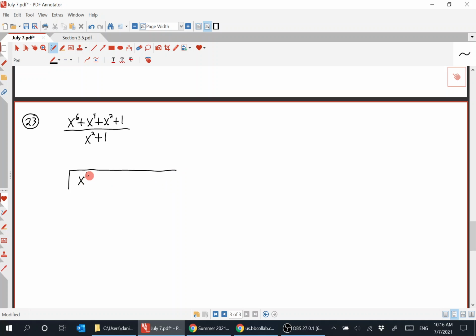And don't leave any missing terms. So there's no x to the 5th here, so we'll put 0x to the 5th plus x to the 4th. No x to the 3rd term, so we'll put 0x to the 3rd plus x squared plus no x term, so we'll put 0x plus 1. Okay, again, use 0x to the i if x to the i does not appear.